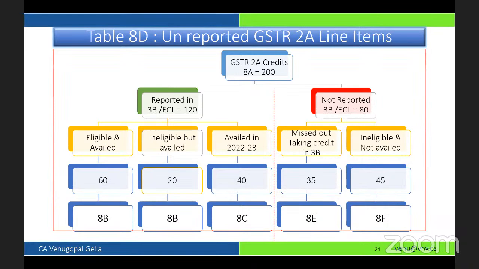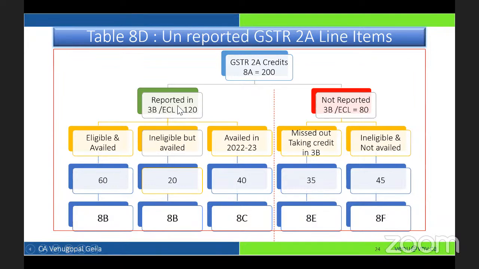The total ITC which you have shown as claimed as per table 6 gets matched with your ITC which is auto-populated from GSTR-2A in GSTR-9. Here is one example we have taken for better understanding: suppose my 8A of GSTR-9 is showing 200, and you have reported in your electronic credit ledger, or availed, ITC of only 120.